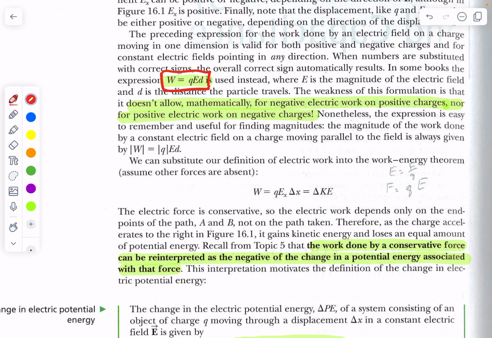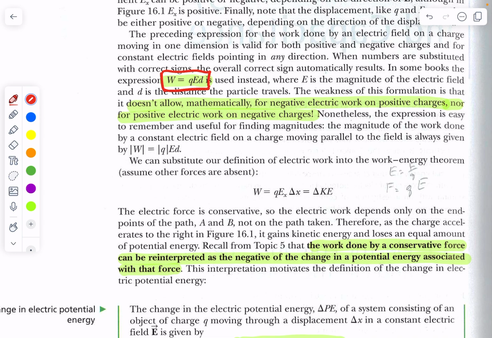It doesn't indicate whether the electrical field is doing work on the charge or some outside force is doing work on that charge. One would be exothermic, if you will, work coming out of the system, and the other would be endo, going into the system.